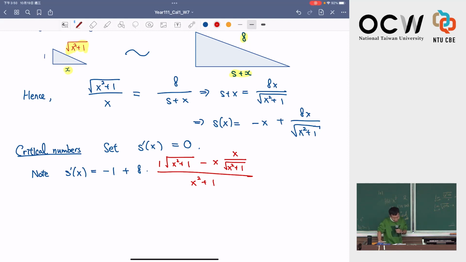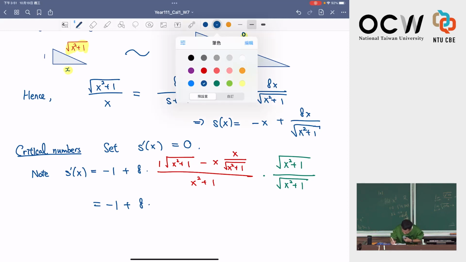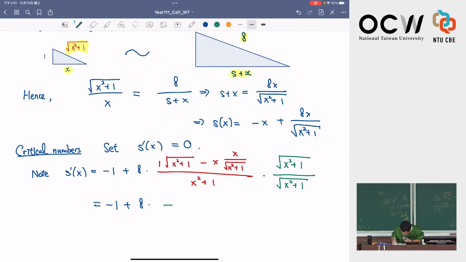But before I move on, you realize that, oh my dear, this derivative is a total mess. But the reason why it looks like a total mess is because of this denominator here. So the trick is to clean up the denominator by multiplying both the numerator and denominator by the square root of x squared plus 1. If I do that, I will get minus 1 plus h times, firstly, a fraction, and then the denominator is x squared plus 1 to the power 3 over 2.